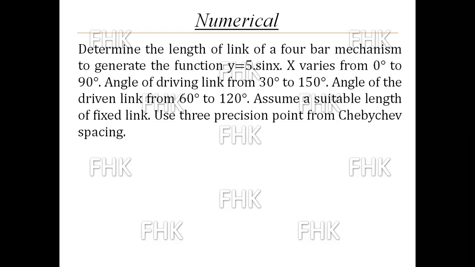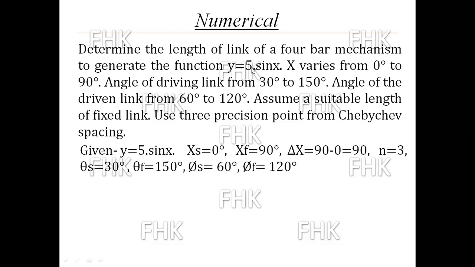The angle of driven link varies from 60 degree to 120 degree, and the inclination of output link or driven link is denoted by phi. So phi starting is given 60 degree and phi final is given 120 degree. Assume a suitable length of fixed link. Use 3 precision points from Chebyshev spacing method.